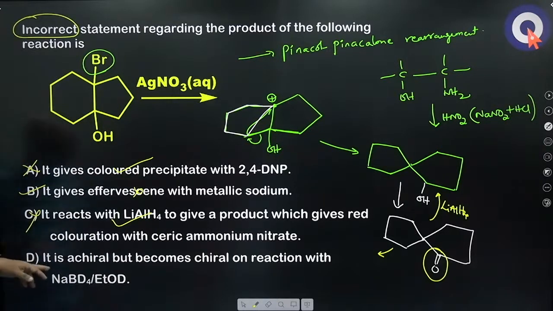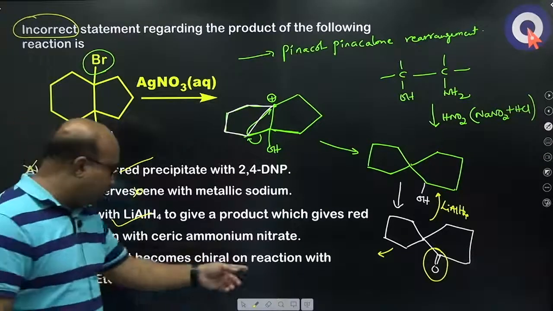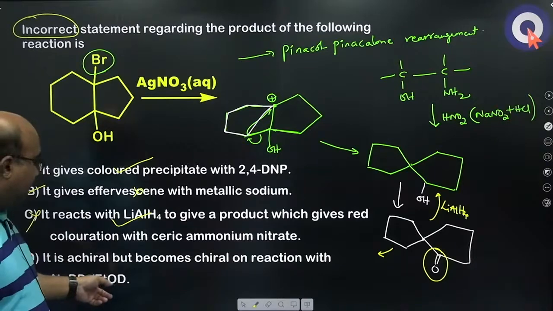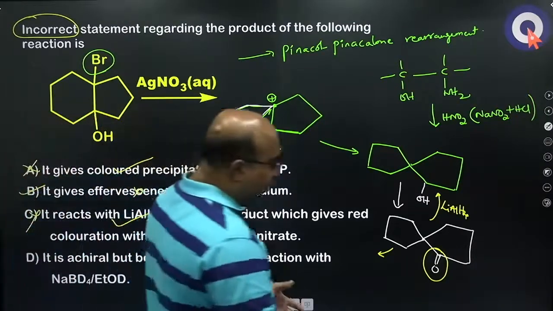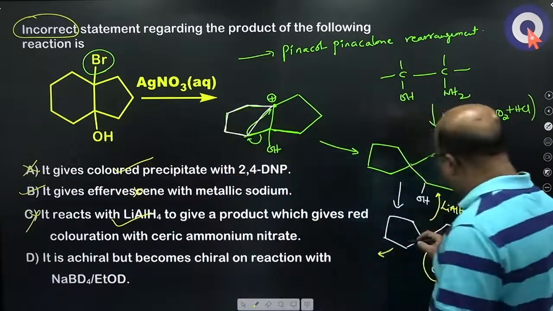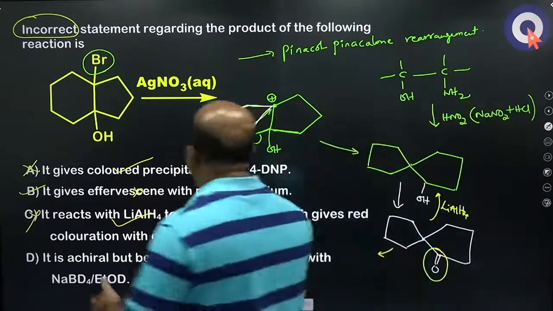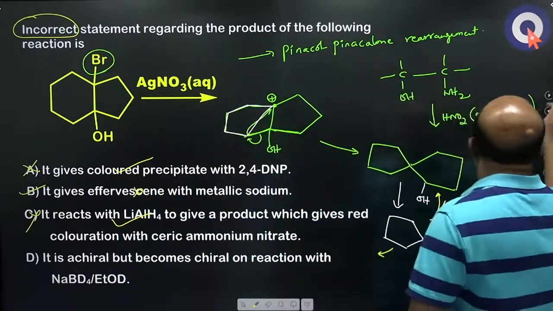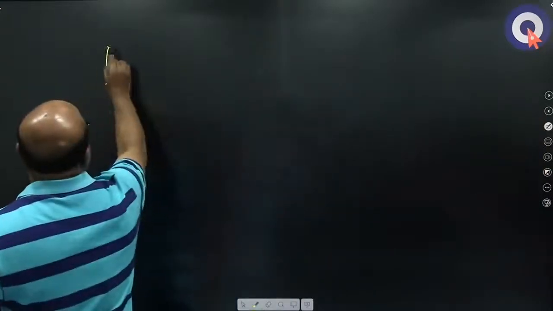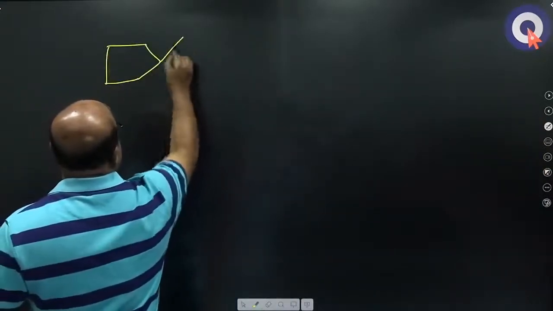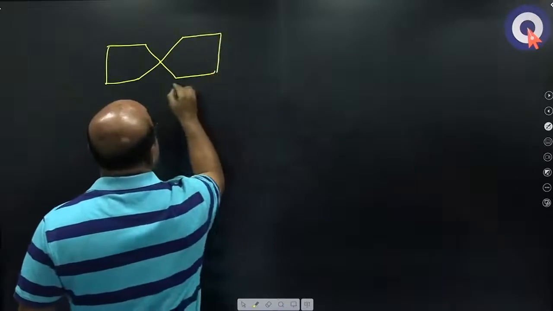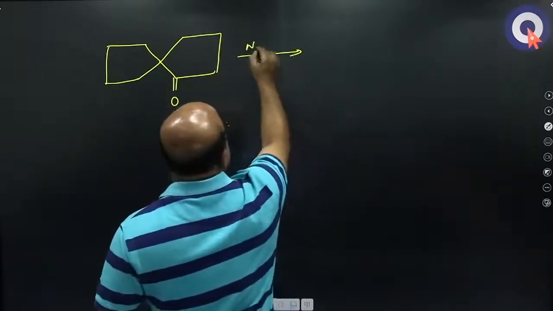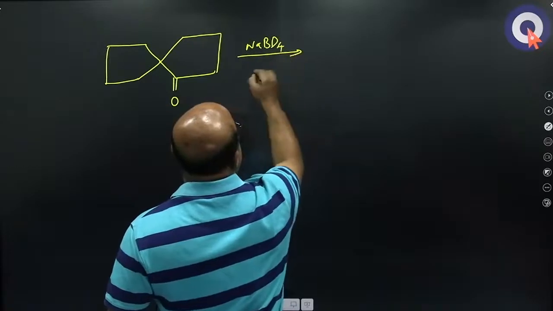Next, it is achiral initially. This is an achiral molecule because there is no chiral carbon here, but it becomes chiral on reaction with NaBD4 and EtOD. Let us go to the next page because we have enough space there. So you have this 5-membered ring keto compound, and we are reacting with NaBD4 and EtOD.